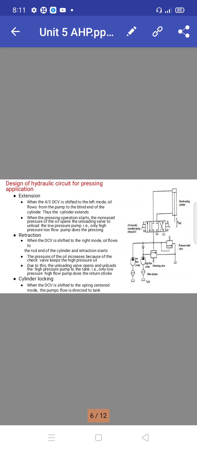Then retraction. When the directional control valve is shifted to the right mode, oil flows to the rod end of the cylinder and retraction starts. The pressure of the oil increases because the check valve keeps this high pressure oil.